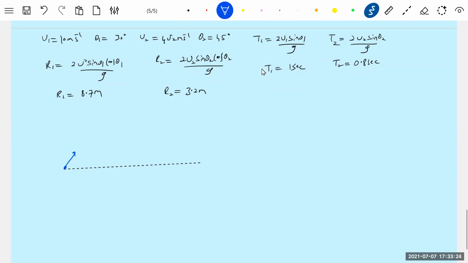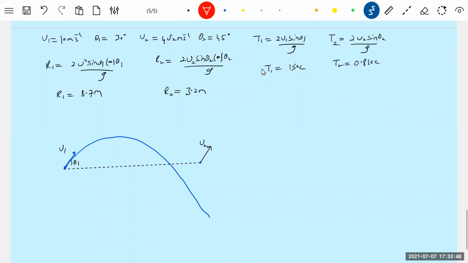What is that R1, 8.1 centimeter means? Let me draw the trajectory. It will be like this. Sorry, you wrote the R1, R2 range formulas wrong.